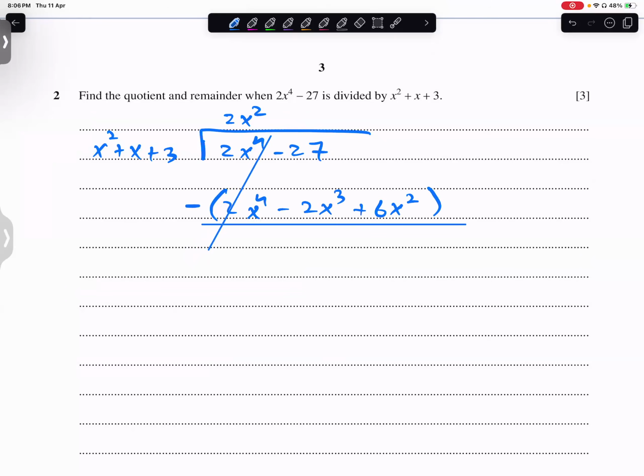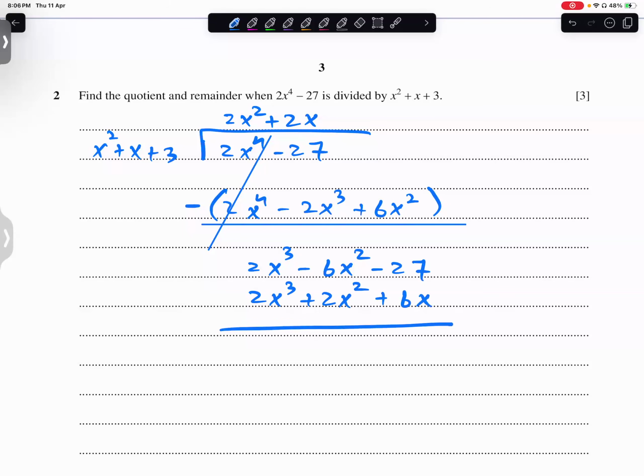This will be cancelled out. So 2x^3 minus x^2 minus 6x^2 minus 27. Then multiply it with plus 2x: 2x^3 plus 2x^2 plus 6x. After subtracting, you will get minus 8x^2 minus 6x minus 27.